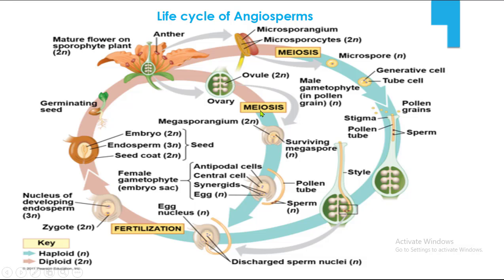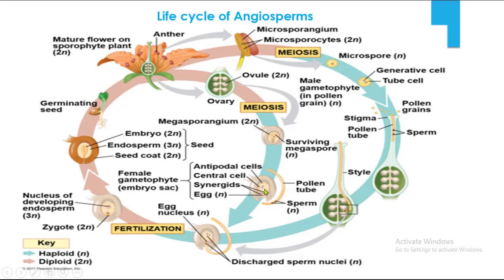On the other hand, we already discussed that the ovule has the diploid megasporangium, and it produces megaspores. Only one out of the 4 megaspores is the surviving megaspore, and this produces the embryo sac.